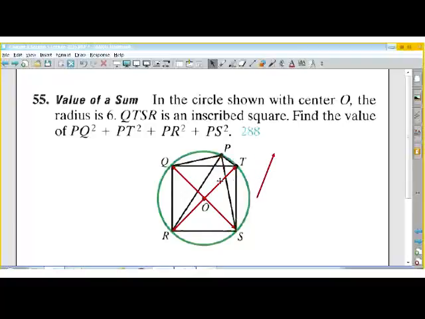So I don't remember how to do this, so I'm going to have to think about it for a second. I'm going to take those out for a while. What I'm trying to decide is, are there any right triangles? This is an inscribed square.